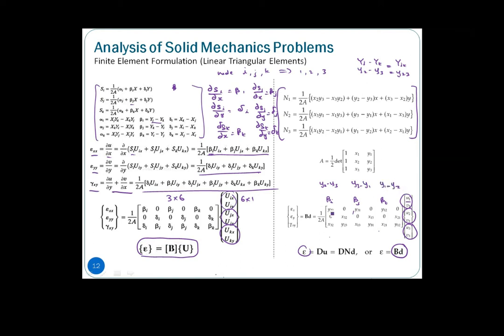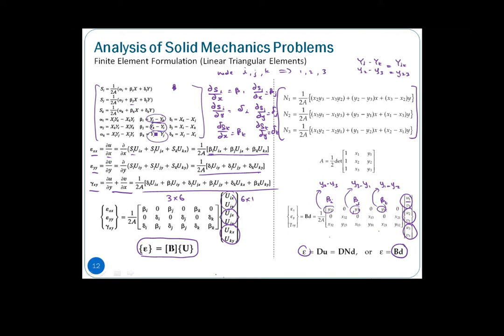Similarly, our beta i is y2 minus y3, y_k minus y_i is y3 minus y1, and y1 minus y2 is our beta k. So it can be rearranged in the same form.